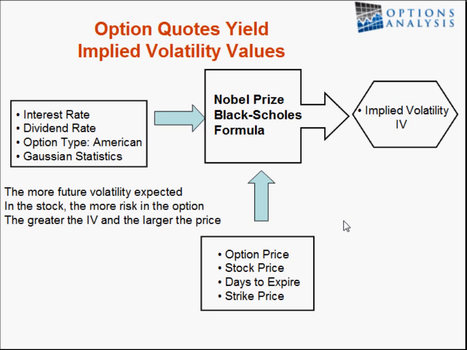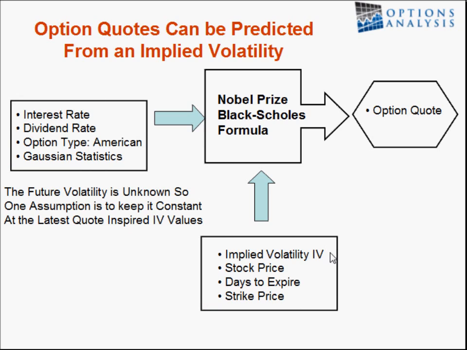Now, the really interesting thing about this Nobel Prize winning Black-Scholes formula is that it has to balance. That means that you can use it in a different way. If instead of feeding it the option quote, you instead feed it the implied volatility, and you try different stock prices, different expirations, and so forth, this formula will tell you what it predicts the option quote should be.